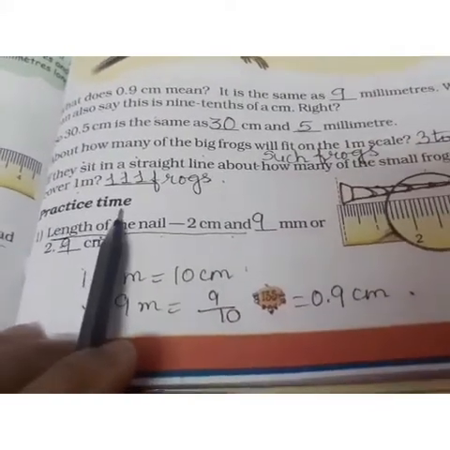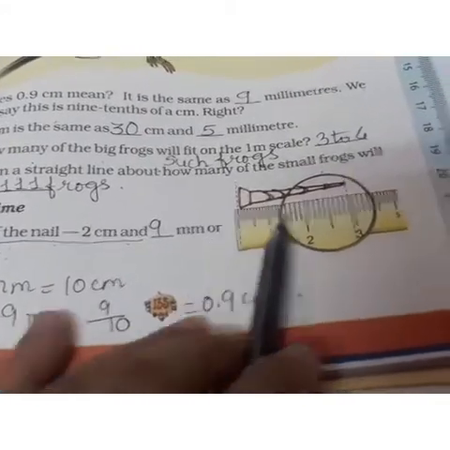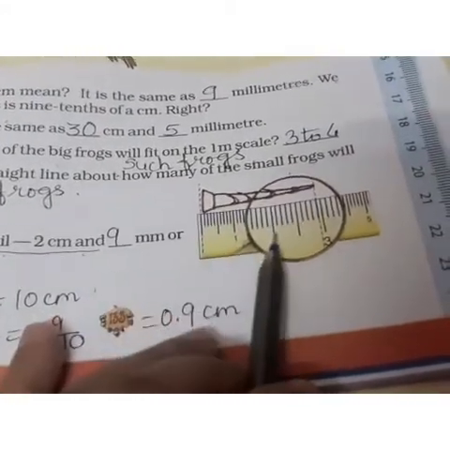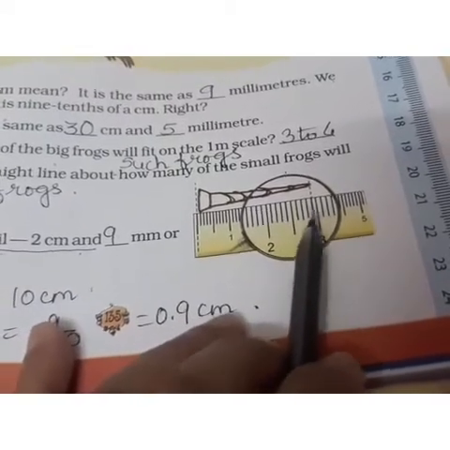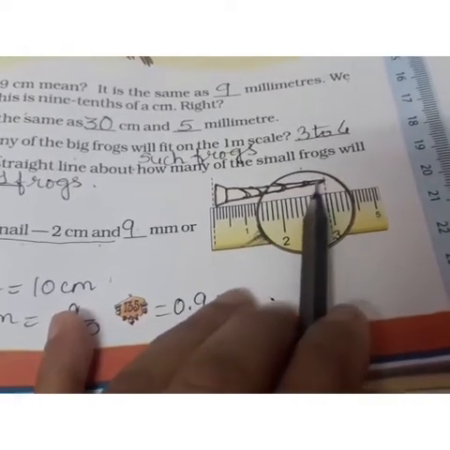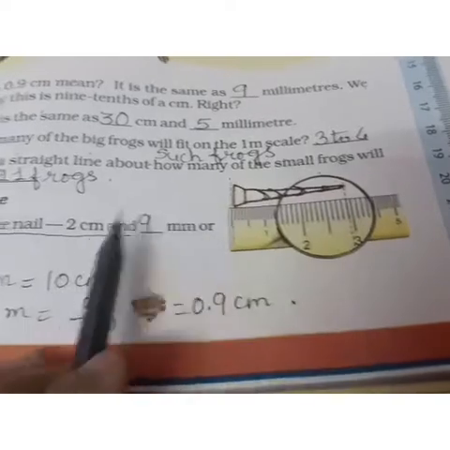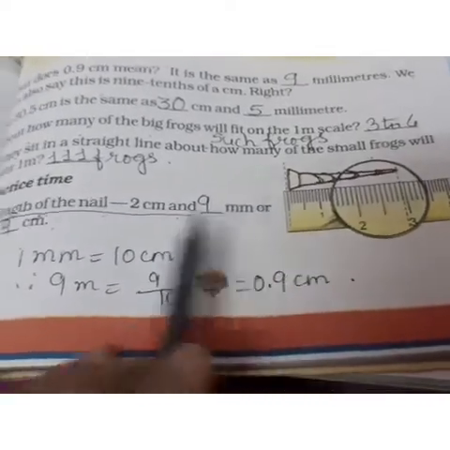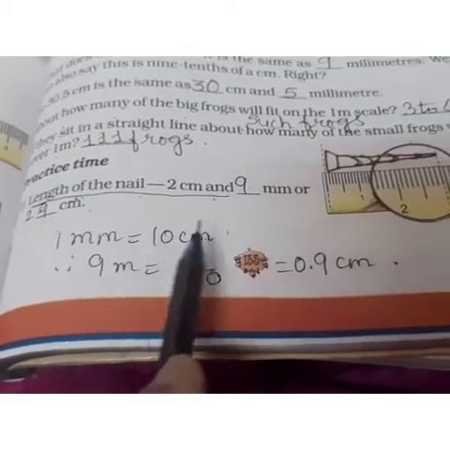Now practice time. Length of nail is 2 centimeters and dash millimeters. Now here you can see 2 centimeters का ये marking हो गया. After 2 centimeters, how many points are there? This is 3 से just 1 less. So that is 2.9 centimeters or 9 millimeters. This part after 2 is your millimeter part. So 2 centimeters and 9 millimeters, or you can write it as 2.9 centimeters, since 1 millimeter is 0.1 centimeter.